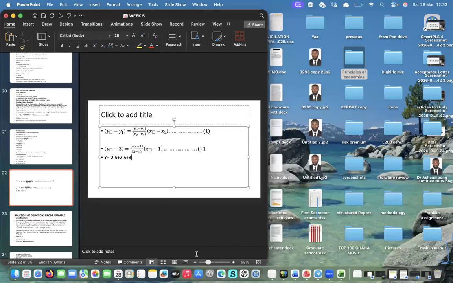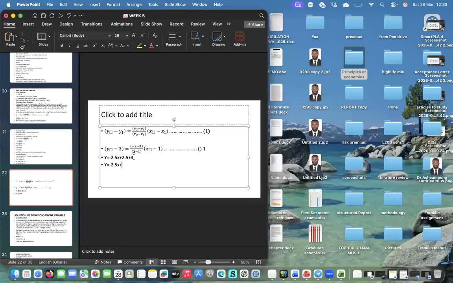I hope you all got this. So you bring the x to the minus 2.5. Yeah, so y is equal to minus 2.5x. So the final answer is y is equal to minus 2.5x plus 5.5. Yes.